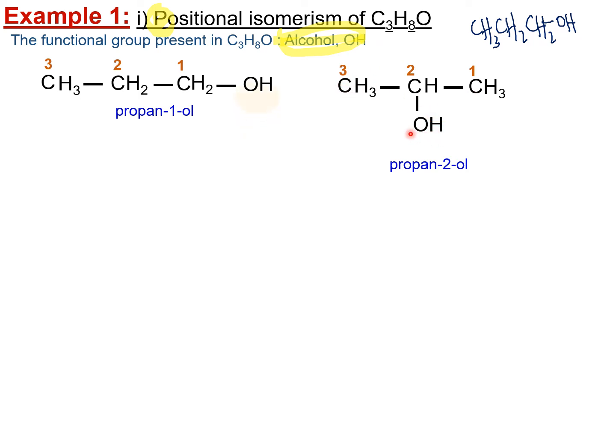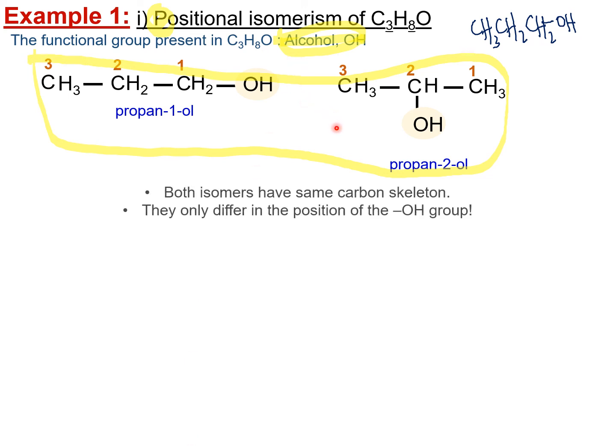So we can know that actually these two, kedua-dua ni, positional isomers. Okay, how do you know it's a positional isomers? Because dia ada sama carbon skeleton dia. Ini ada tiga. Cumanya kedudukan functional group dia saja yang kita ubah. Ini dekat kedudukan carbon number 1, this one kedudukan carbon number 2.